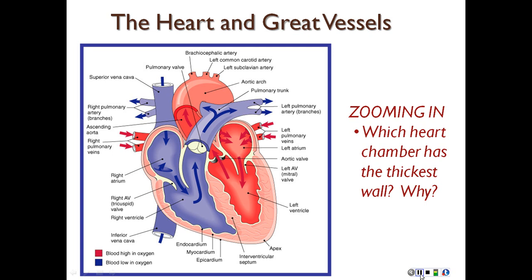The right ventricle is pushing blood to where? The right side, the blue side. To the lungs and back. So that's what that force is supposed to do: send blood to the lungs and back.